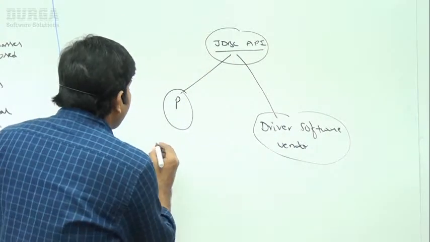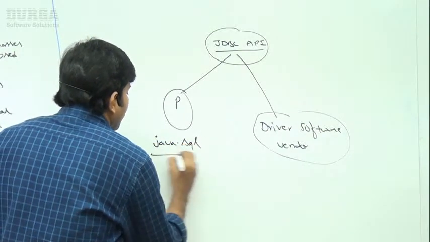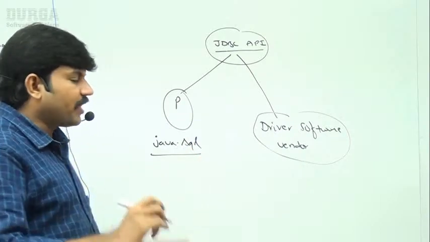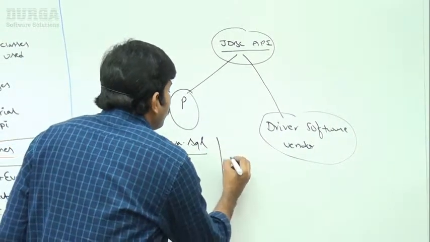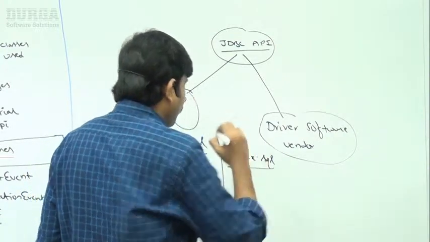Next, this JDBC API contains two packages. What is the first package? The java.sql package. Can you please spell out what the second one is? The javax.sql package.